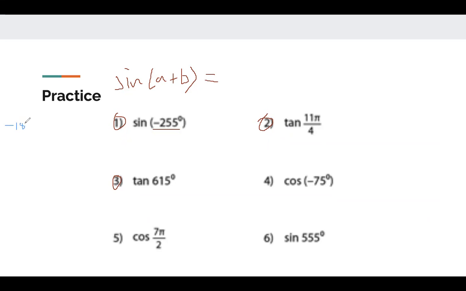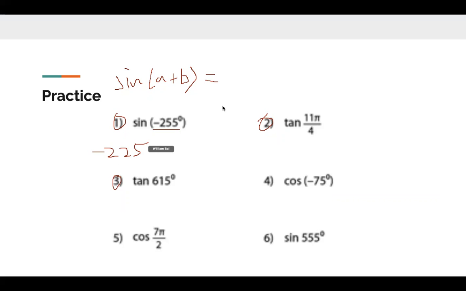And what we have here is negative 255, which we probably want to split into two different, actually, hold on just a second. Okay, so you can split that into negative 225 and negative 30, which then you just plug into the formula from earlier, right?